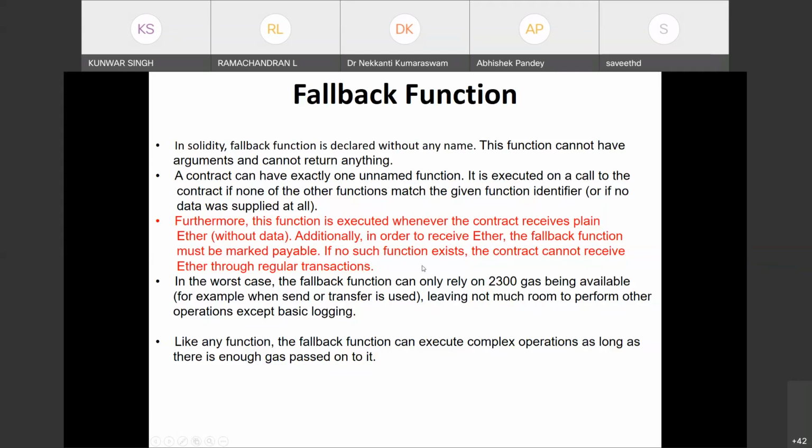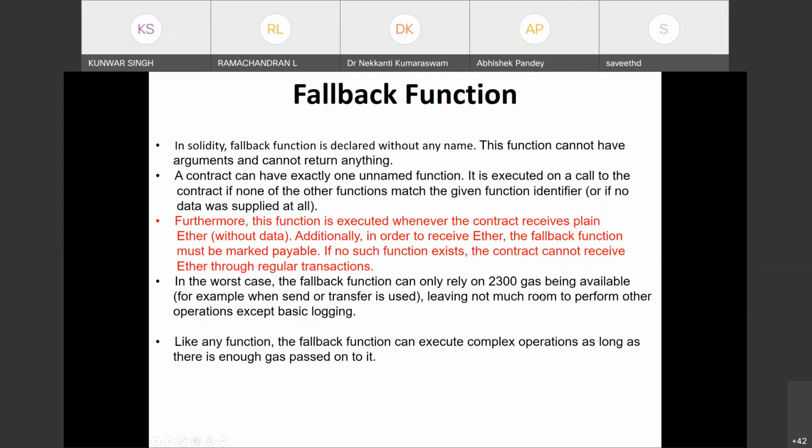Okay, if no such function exists, the contract cannot receive ether through regular transactions. So the purpose is to receive the ether. Now, in the worst case, the fallback function can only rely on 2300 gas.